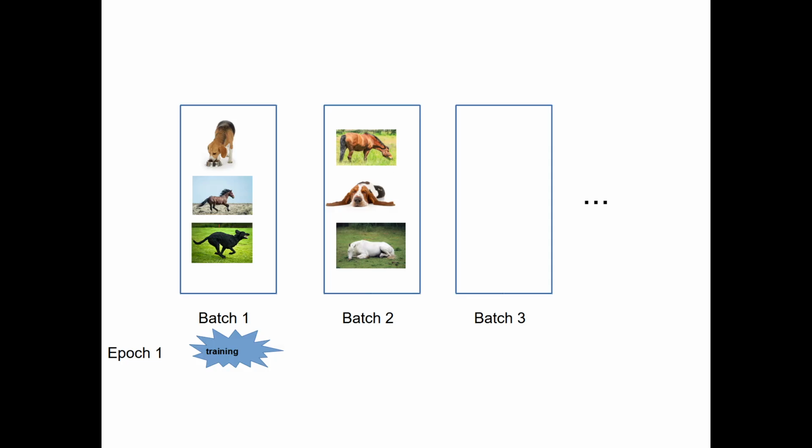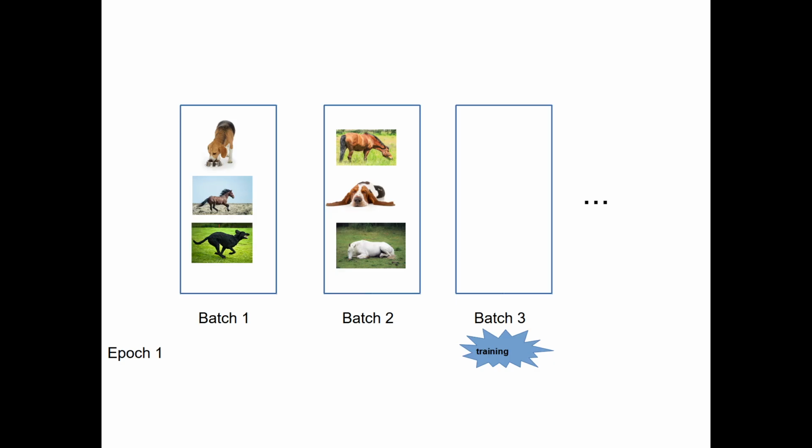Another concept is the notion of epoch. This means that each batch of images isn't presented to the neural network just once. Instead, it's repeated many times, resulting in several epochs. So, for example, I train my network with batch 1, then with batch 2, then with batch 3. That is the end of the first epoch.